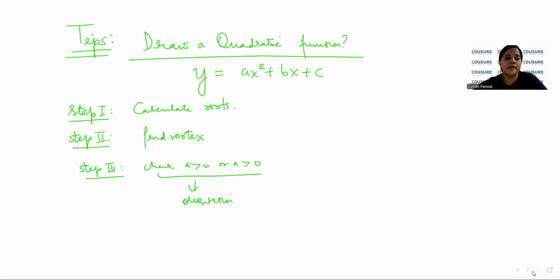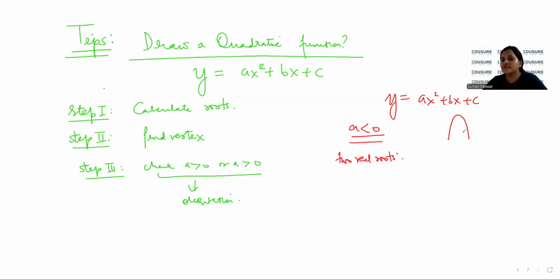So for example, if you have something like this, ax square plus bx plus c, and suppose a is negative. So we mean that the orientation is going to be like this, okay? And suppose there are two real roots, distinct real roots, x1 and x2. So something like this is going to happen. This is x-axis, this is y-axis.